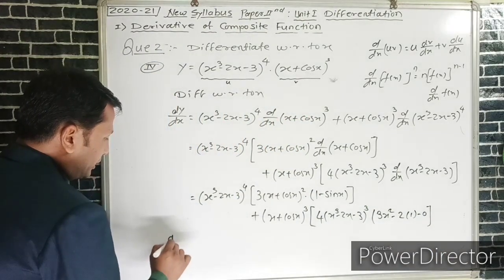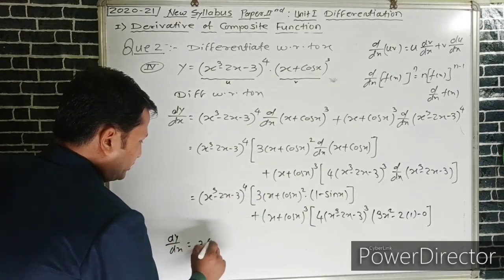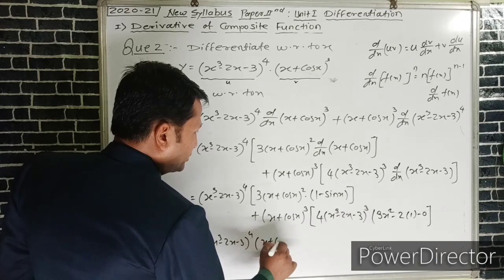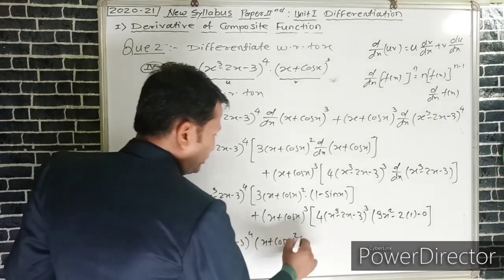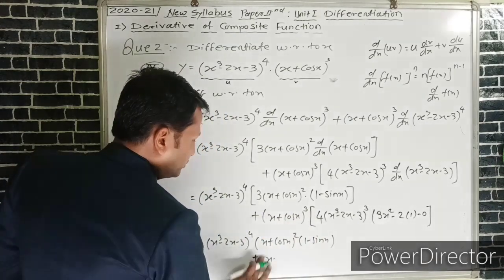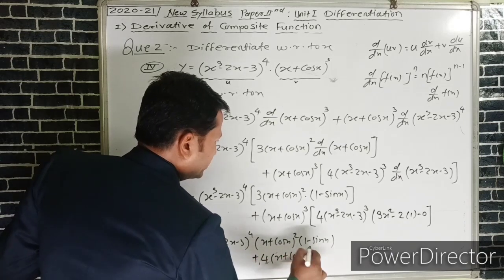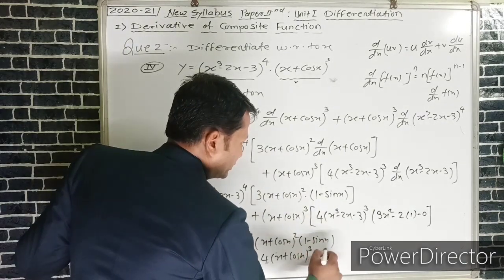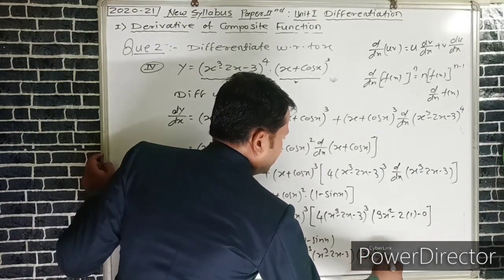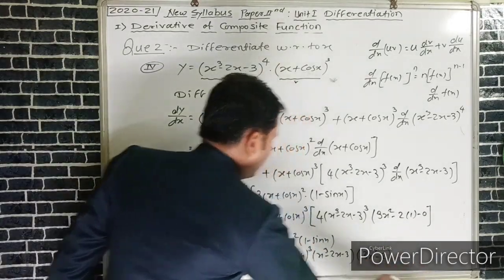Therefore, dy/dx is 3 (x^3 - 2x - 3)^4 (x + cos x)^2 (1 - sin x) + 4 (x + cos x)^3 (x^3 - 2x - 3)^3 (3x^2 - 2), which is the required derivative dy/dx.